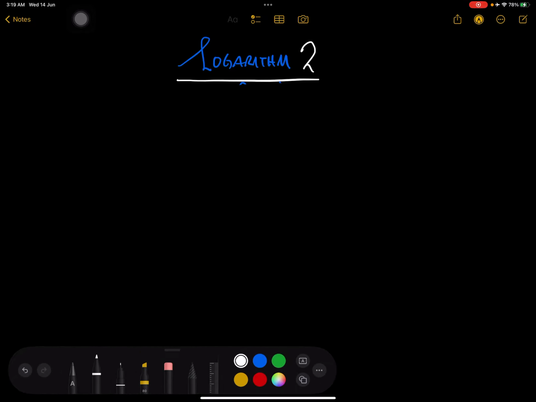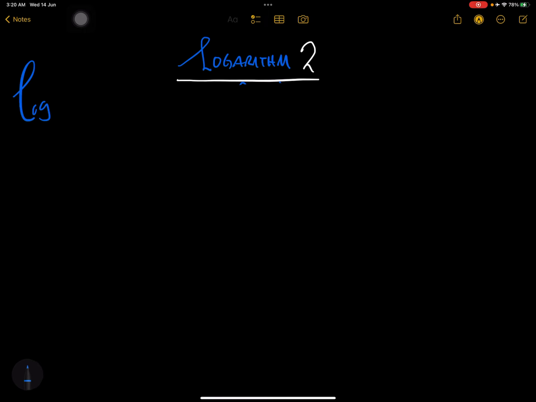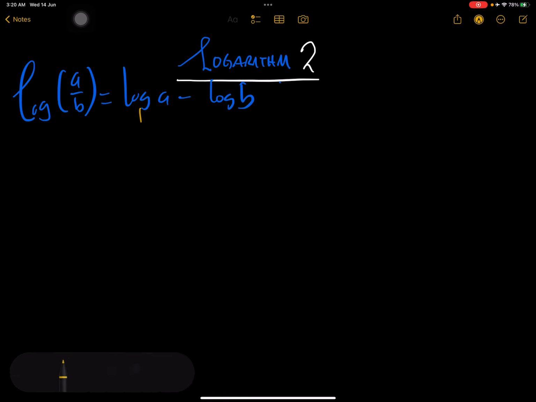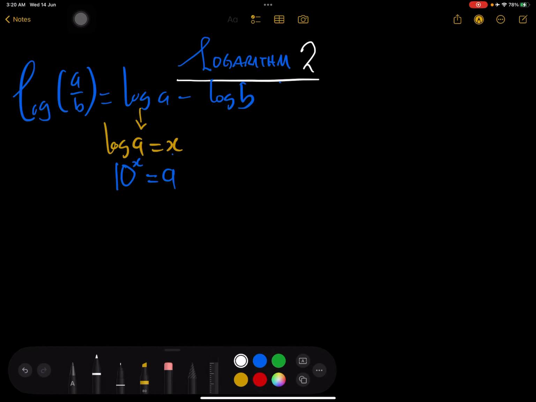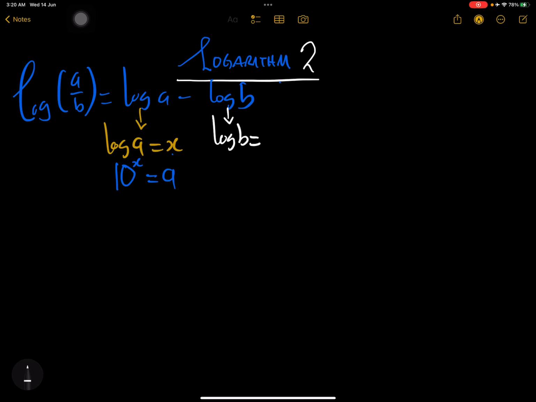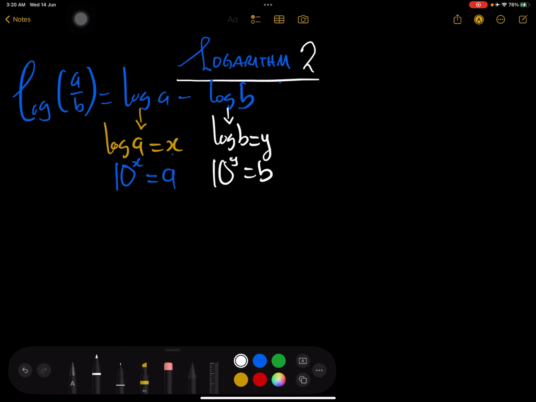The third law says that log of A divided by B is the same as log A minus log B. Now, what we can do is say this log A is supposed to be x, so that we have 10 to the power of x, because this exponent is equal to A. And then also log of B is y, where 10 to the power of y is equal to B. Now, we know that we can multiply these two.